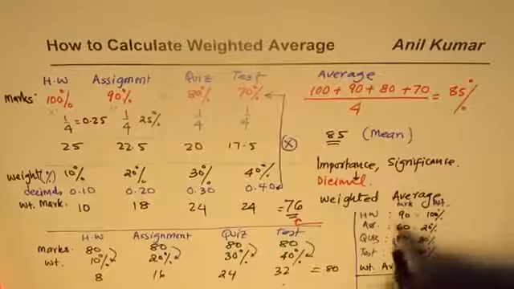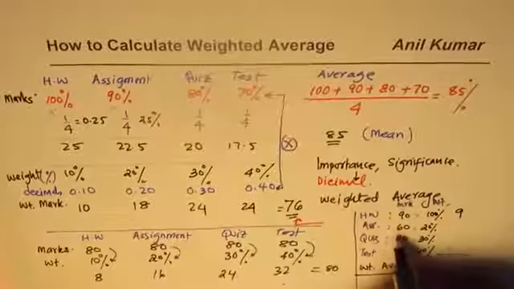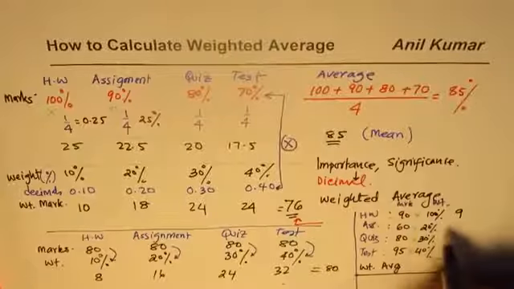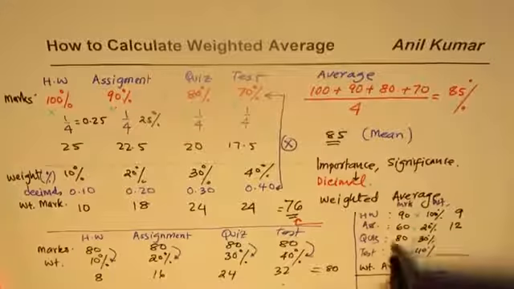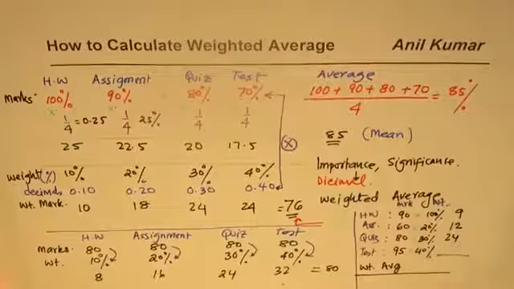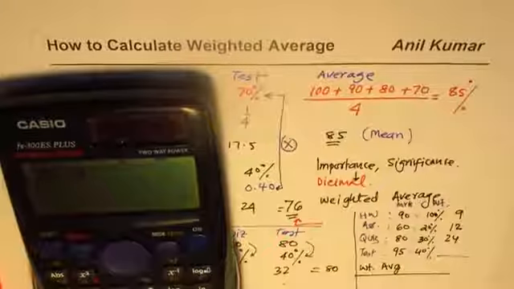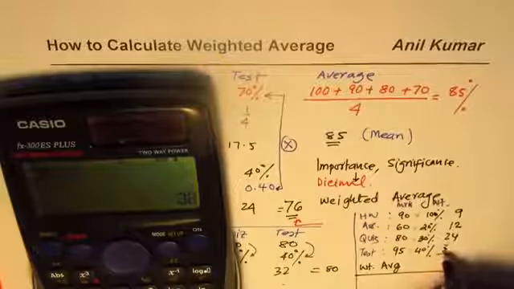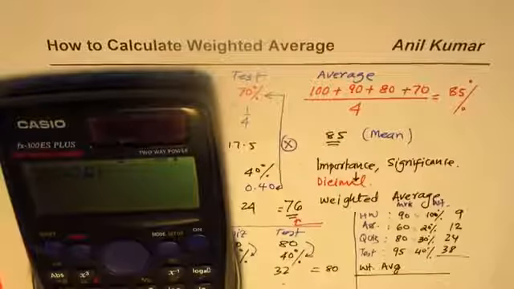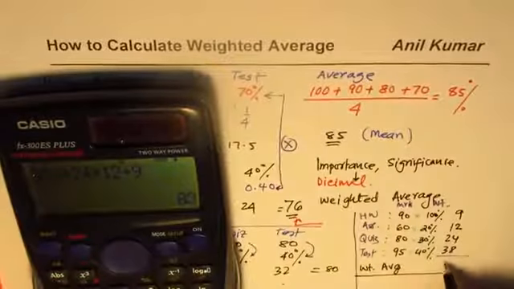If you multiply 90 with 10%, that means you get 9, and then 60 by 20%, that means multiplying by 0.2, gives us 12. 80 times 0.3 is 24, and 95 times 0.4, which is 40%, is 38, right? So let's add them up. 38 plus 24 plus 12 plus 9 equals 83.